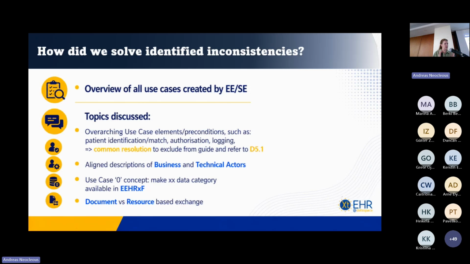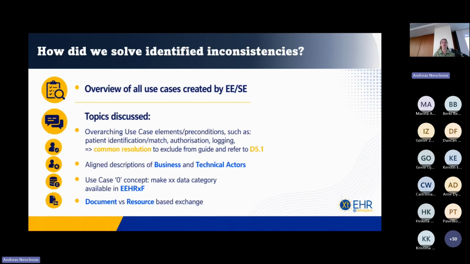And we said, okay, every information on that you will find in 5.1. And we will focus on the really specific specifications, for example, patient summary. So that led to common descriptions that we all embedded in our deliverables.